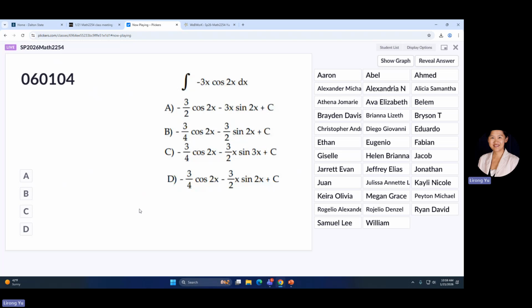Then you have to find the v, which will be an integration process, to integrate cosine 2x. Differentiate the negative 3x and integrate the cosine 2x. Then follow the integration by parts, and we will find the answer. Let me see what your answer is.